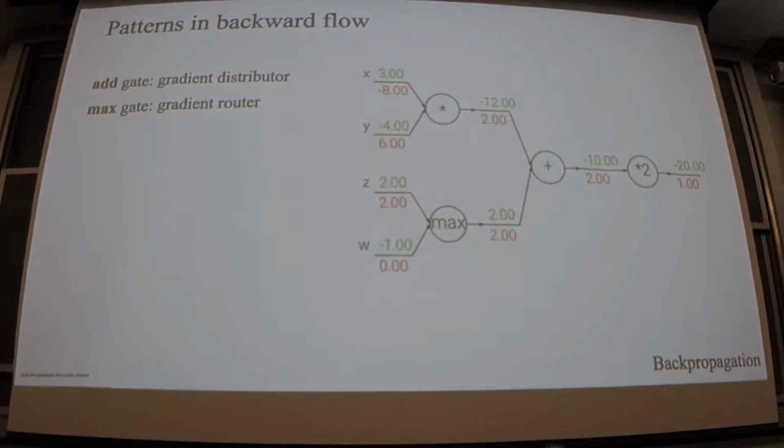What happens if Z and W are equal? Right, this is one of those times when you say, I don't know. You make a decision at that point about what you'd like to do. In practice, it never happens. If you randomly initialize things and your data has a kind of random local structure, then these things never happen in practice.